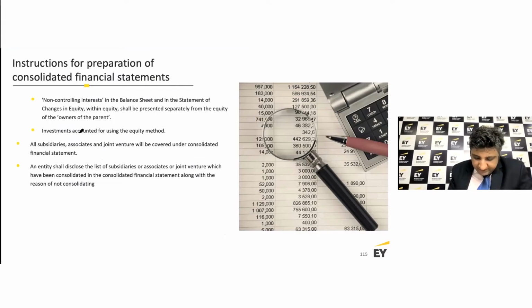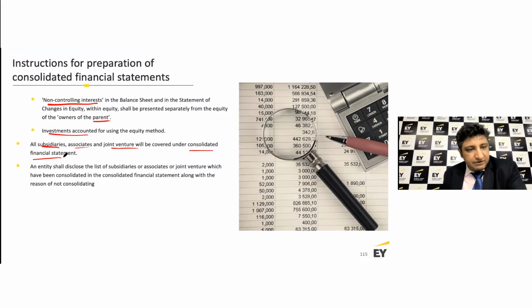We would not be spending a lot of time knowing these things at this stage, but just need to be aware that we are going to hear these terms eventually, where we look at non-controlling interest, parent, investments, subsidiaries, associates, joint ventures, etc. They would all be covered in the discussions when we talk about business combinations or consolidated financial statements, or the overall umbrella of group financial statements.